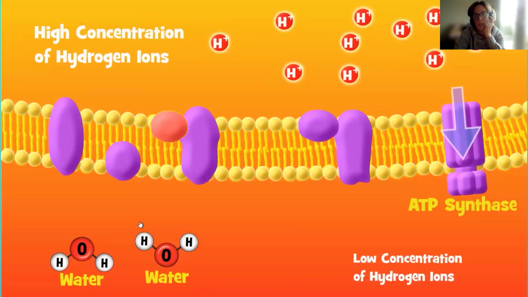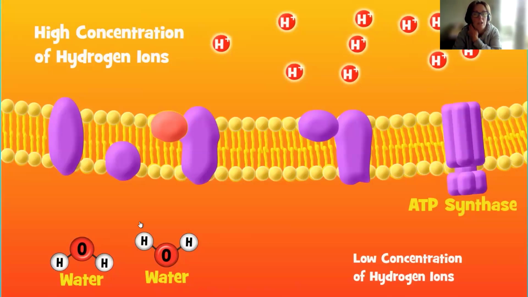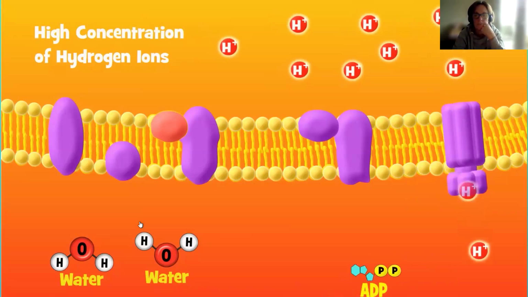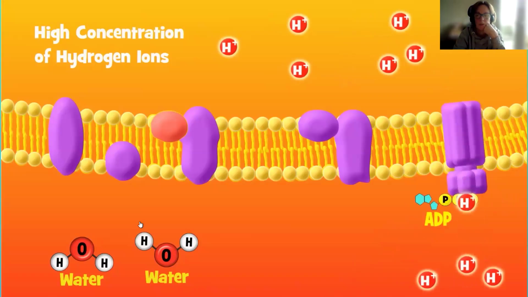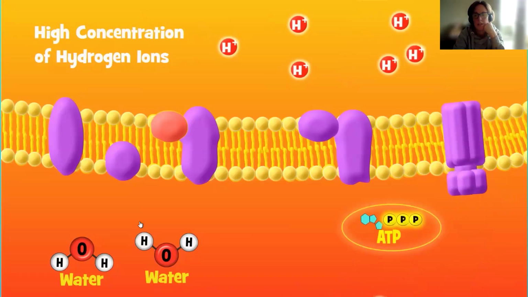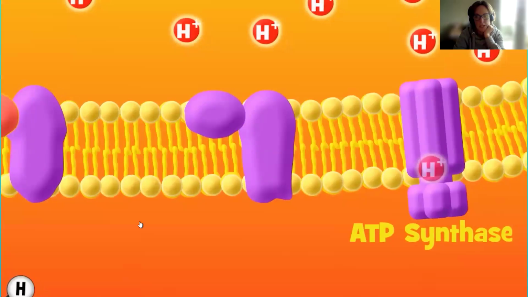So you can see those hydrogen ions are going to move from a region where they're in high concentration to a region where they're in low concentration. And our ADP has a phosphate group added to produce ATP.